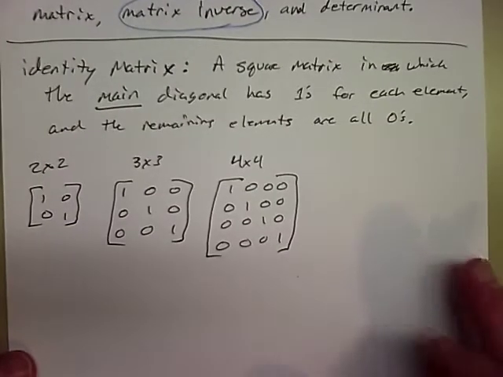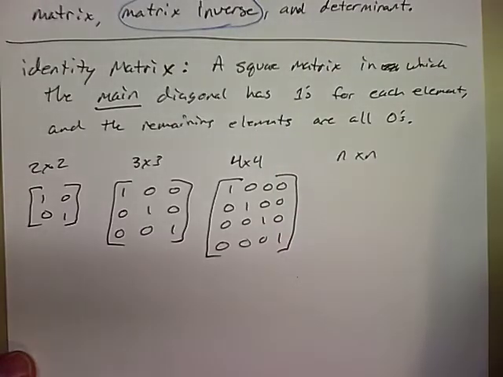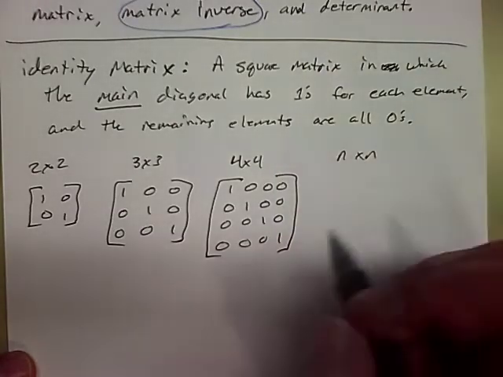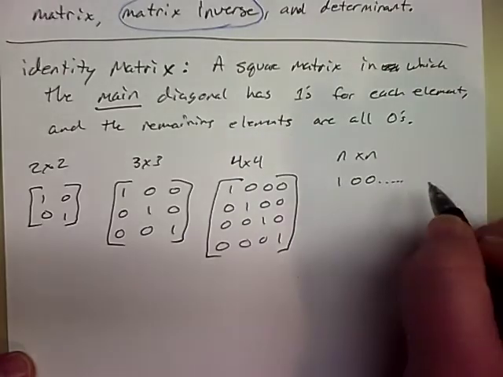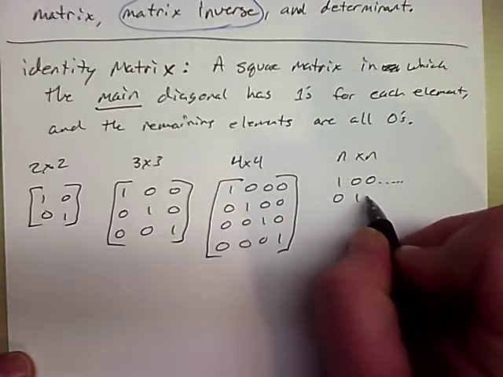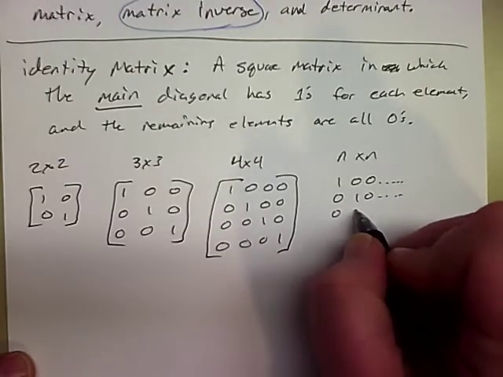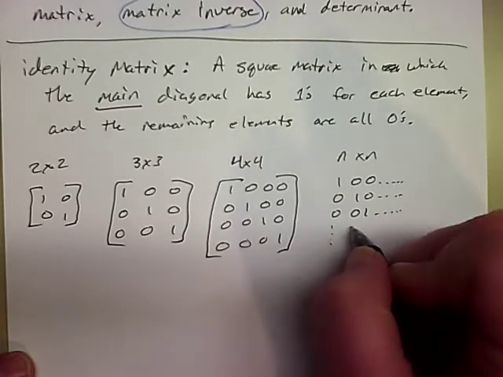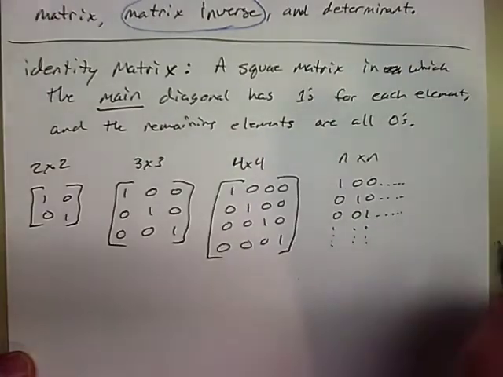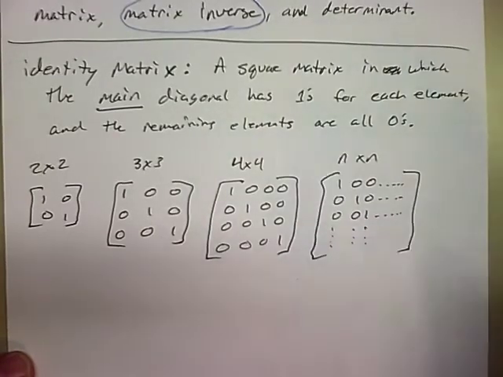What about an n by n? How would you do that? You're going to do 1, 0, 0, dot, dot, dot, then 0, 1, 0, dot, dot, dot, then 0, 0, 1, dot, dot, dot, all the way down to n.